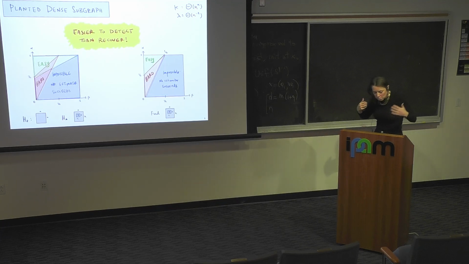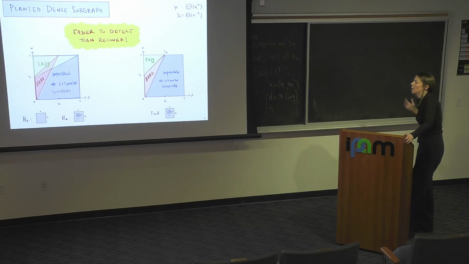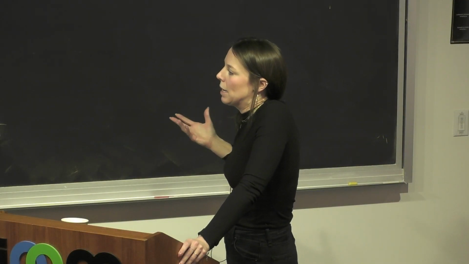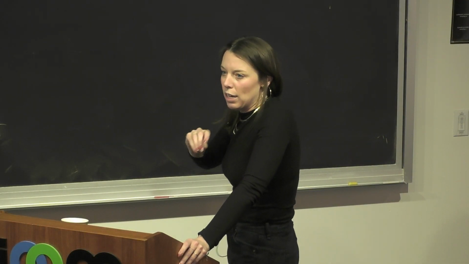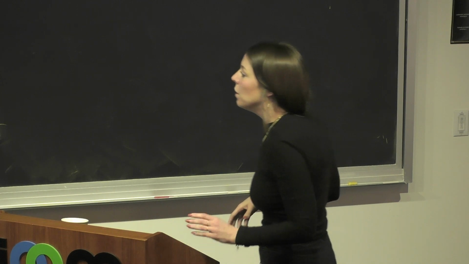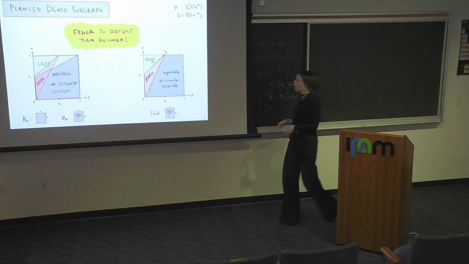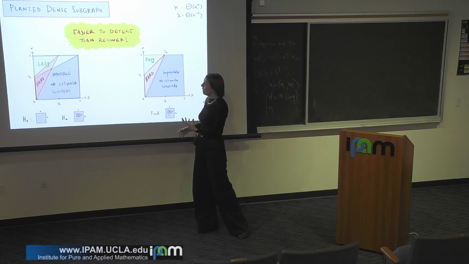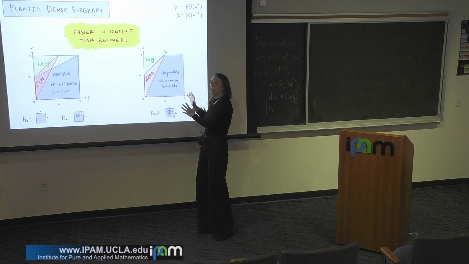What motivated our work was this question: if we look at the regime where we can detect whether or not there is a planted subgraph, but we don't know how to recover it efficiently, can you gain any additional information about the planted structure?